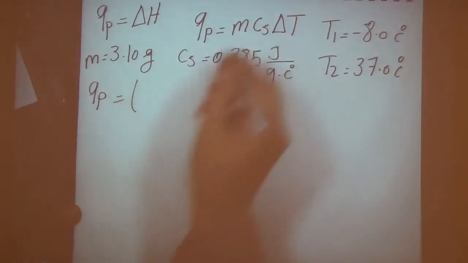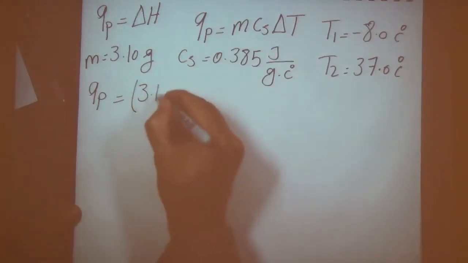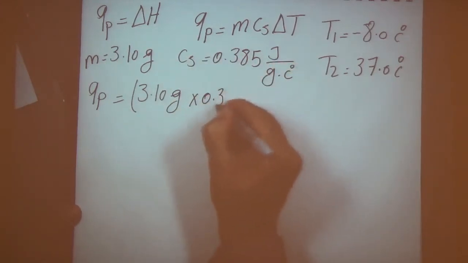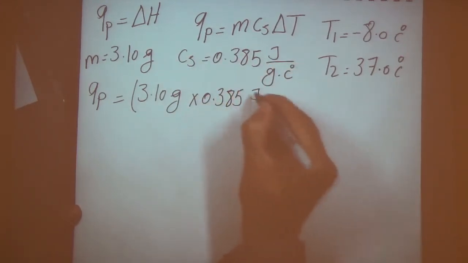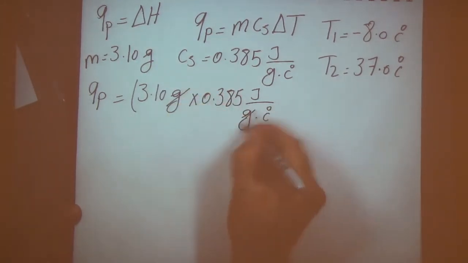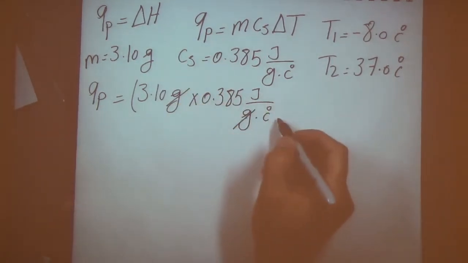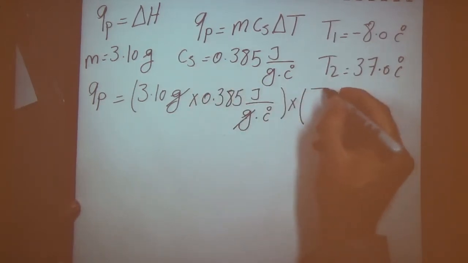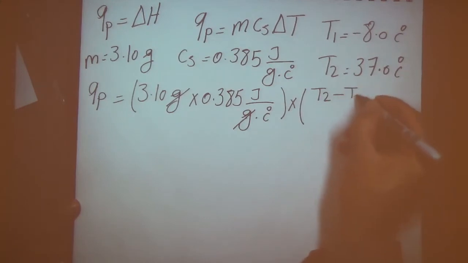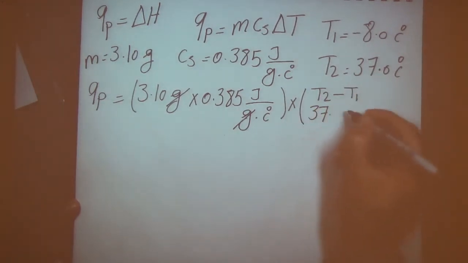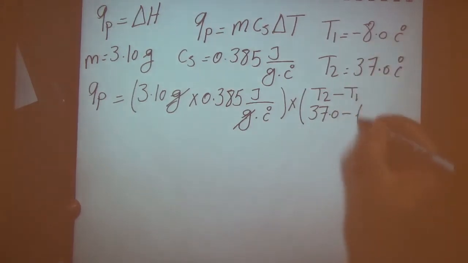You go with mass 3.10 gram multiplied by CS 0.385 joule over gram degree Celsius. You cross gram by gram. So now I have joule over degree Celsius multiplied by delta T. Delta T is T2 minus T1. You have T2 equal to 37 minus -8.